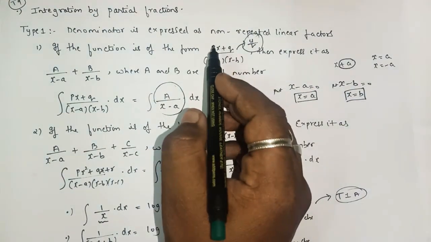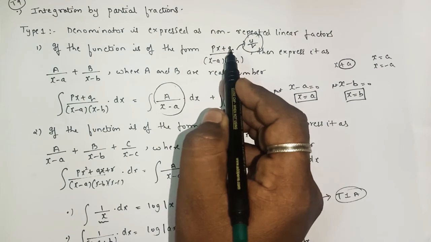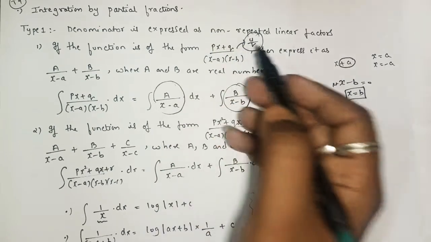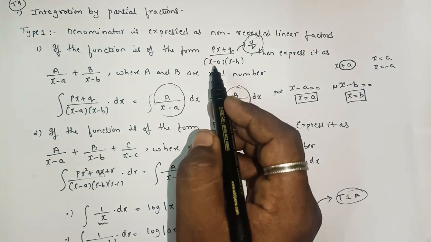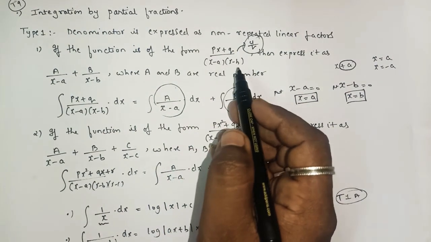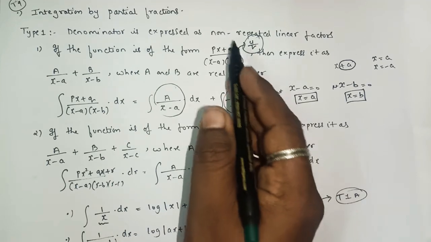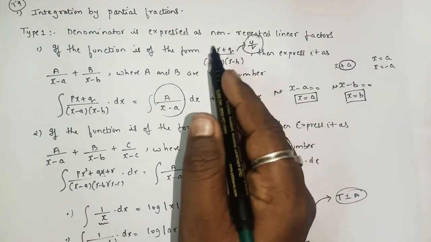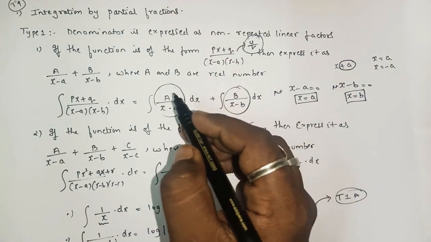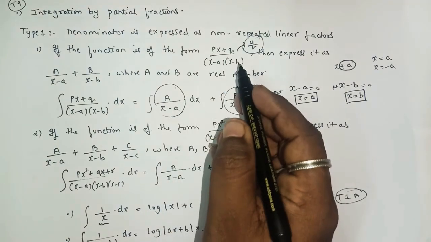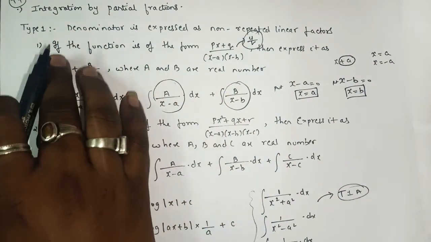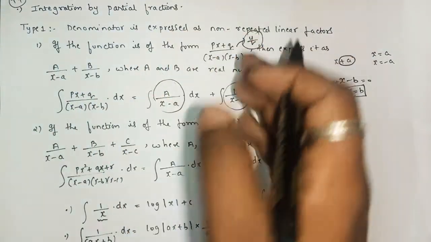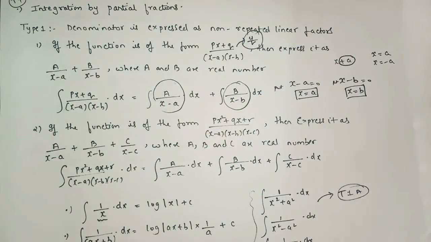It doesn't matter whether the numerator is a linear or a quadratic expression. Just focus on the denominator: whenever it is expressed as non-repeated linear factors, express the function as A upon x minus a and B upon x minus b. So that was type number 1, where the denominator is expressed as non-repeated linear factors.